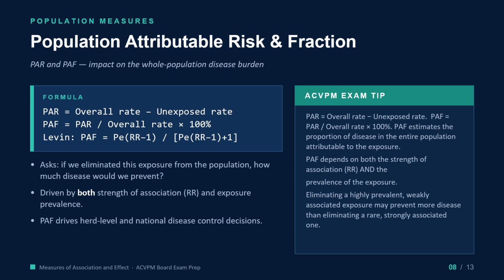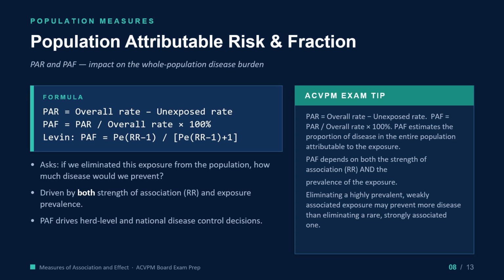The population attributable fraction, or PAF, sometimes written PAF percentage or AFPOP, expresses PAR as a proportion of the overall disease rate. PAF equals PAR divided by overall incidence rate times 100%.